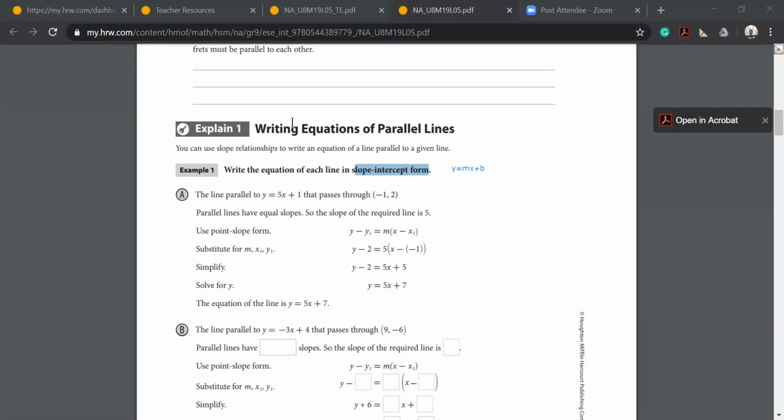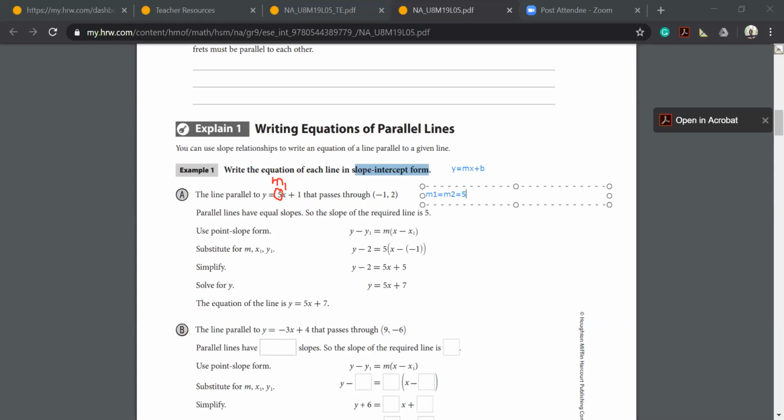What is the slope of this line? This is the slope of the line, right? So this is M1. So M1 will be M2 because they are parallel. So I found my slope: M1 equals M2 equals 5.